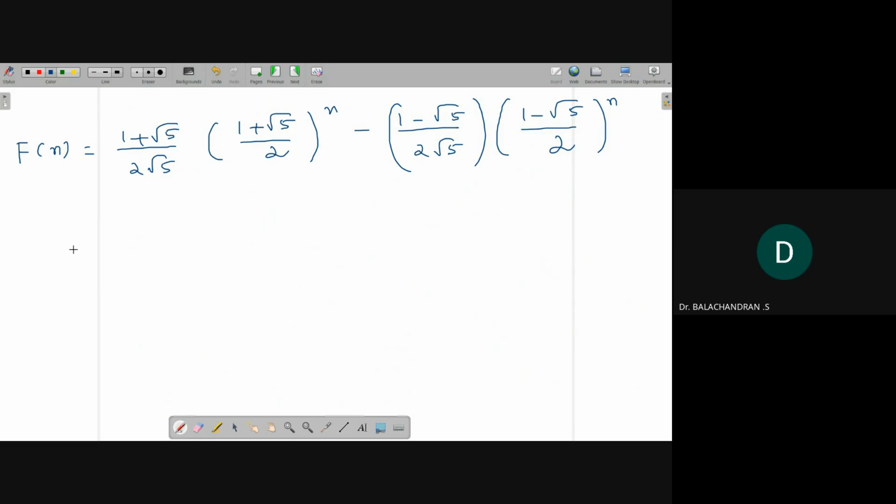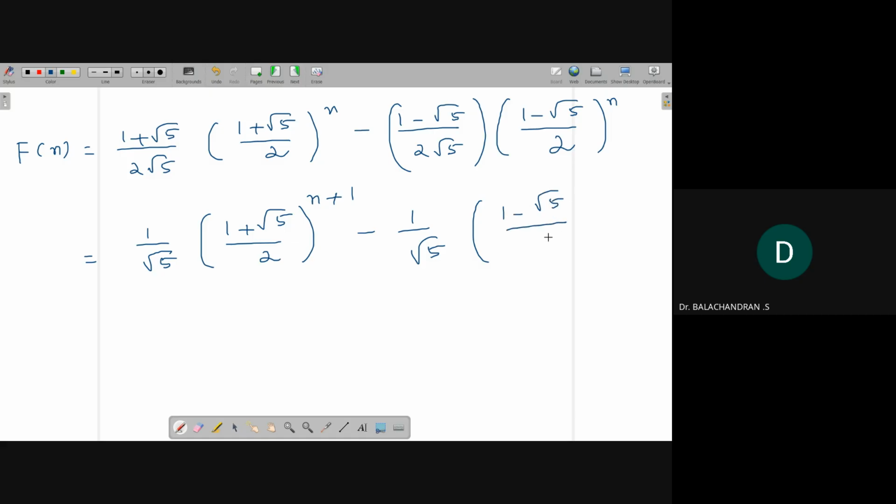Now simplify further. So 1 by root 5 is common. Remaining is ((1 plus root 5) by 2) whole power n plus 1, and then minus 1 by root 5 into ((1 minus root 5) by 2) whole power n plus 1.